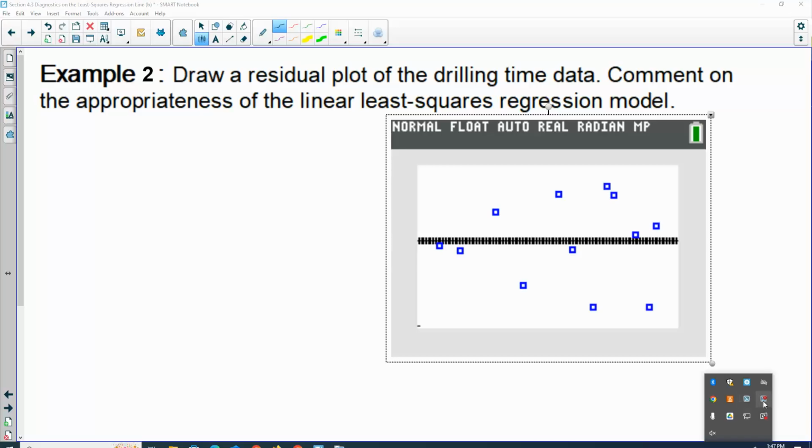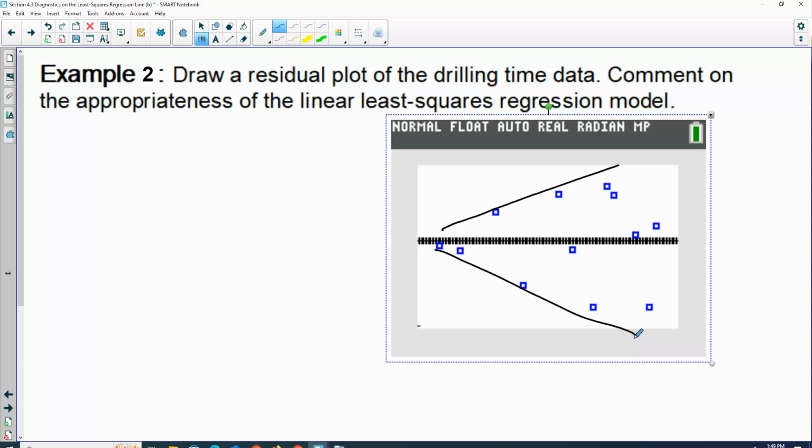Did everyone get that? So, is this a good model? What do you think? What's wrong with it? It's bigger. Yeah, it's getting more spread out as time goes on. So what that means is it was a good model at the beginning, but the deeper we're drilling, the less consistent it is.